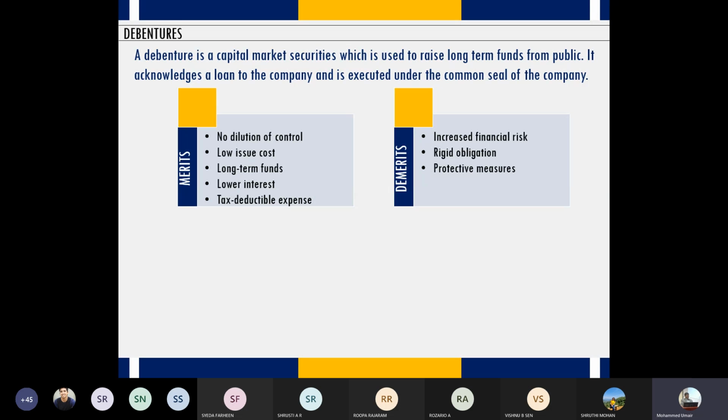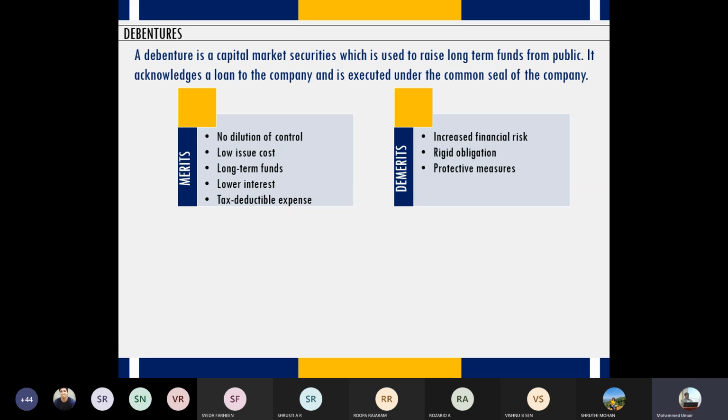These are some of the major demerits, and amongst these three, the most important one is the first one, which talks about financial risk. This is the major problem when you have debt as your major source of funding. It's not just debentures, for that matter, any source of debt capital has financial risk.